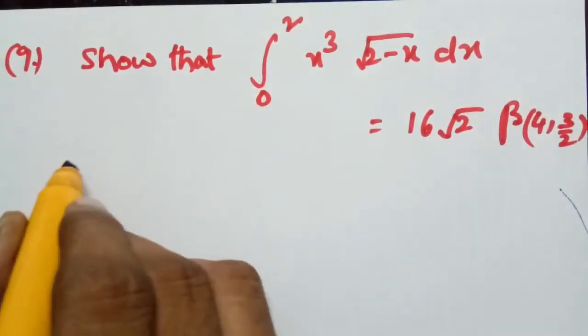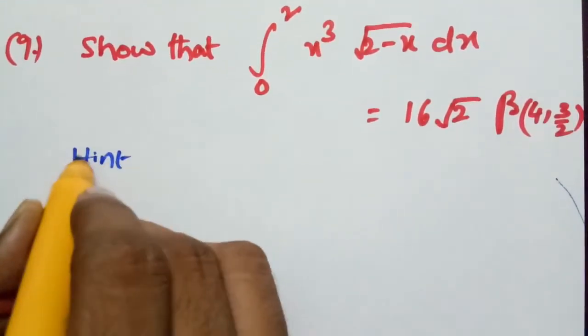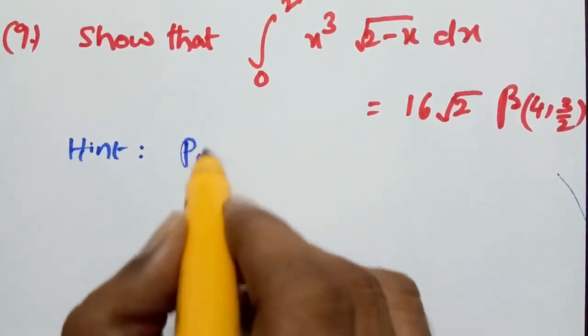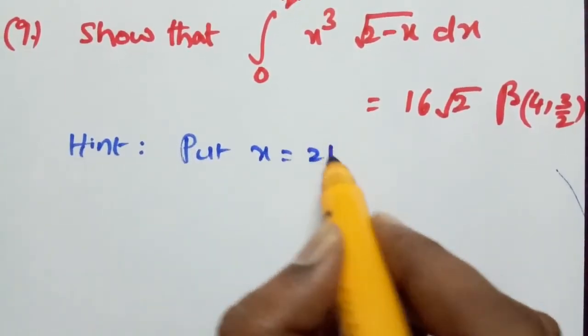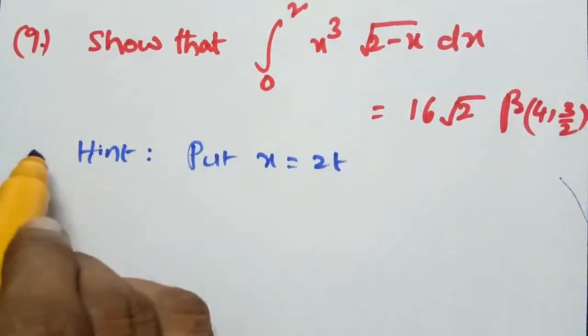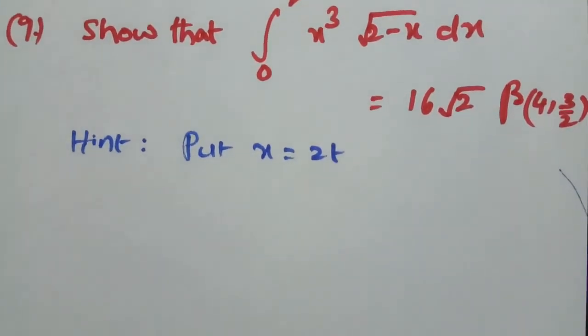But put x is equal to 2t to get 1 minus t here. So therefore, this is homework.